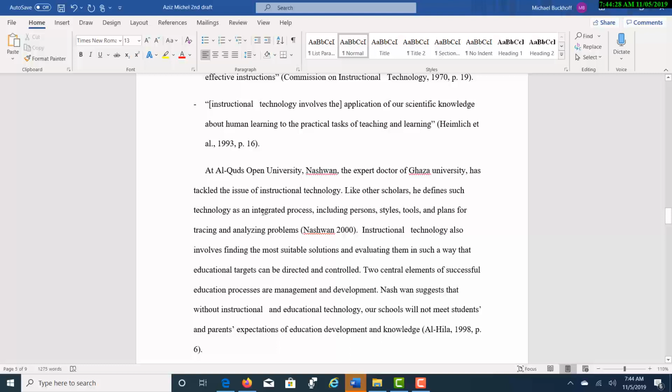He defines such technology as an integrated process, including person styles, tools, and plans for tracing and analyzing problems.